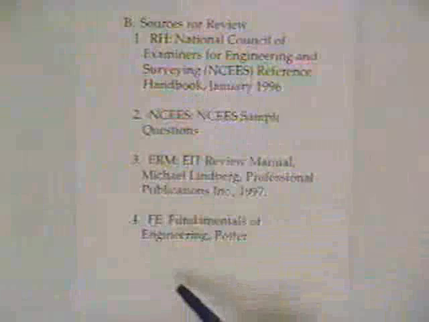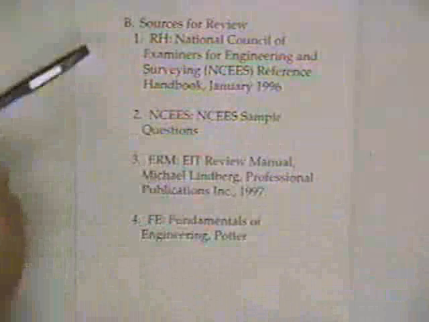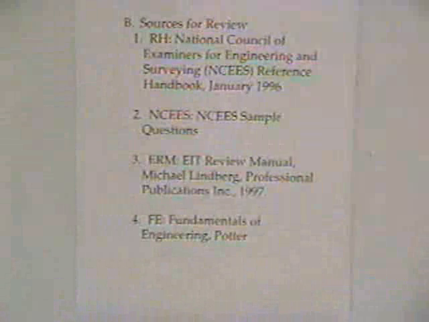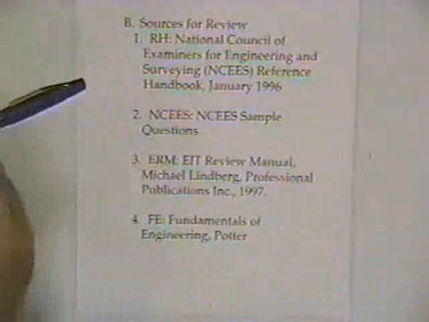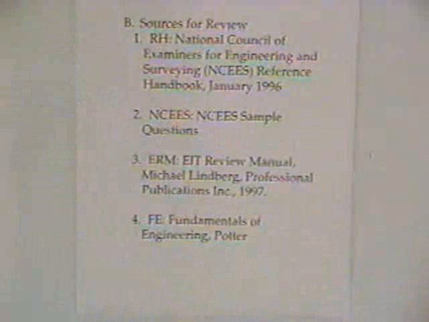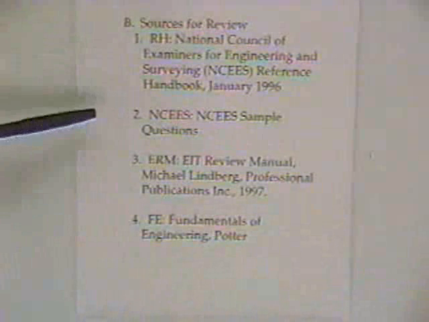All right, before we get started in the review, I'd like to give you a little idea of where the material has come from for the review. And what you see here is a list of the sources that I've used. Primary source is the reference handbook that comes from the National Council of Examiners for Engineering and Surveying, the people that are making up the exam. So that's probably the most important thing you'll be dealing with.